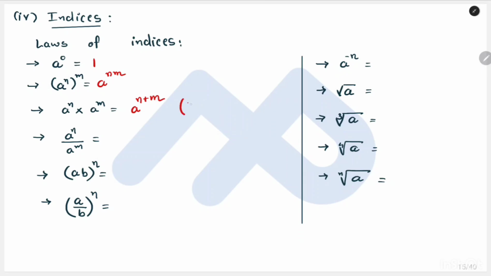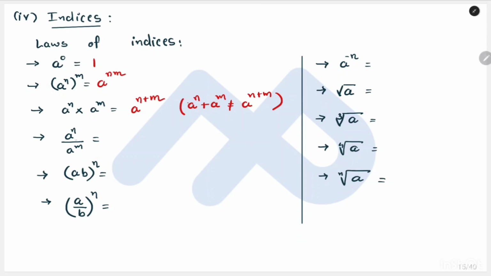I find every year students make these kinds of mistakes, that if it is given a raised to n plus a raised to m, so if there is an addition and the bases are same, then what do they do? They do a raised to n plus m, they add the powers. But this is completely wrong. There is no indices rule for addition or subtraction.